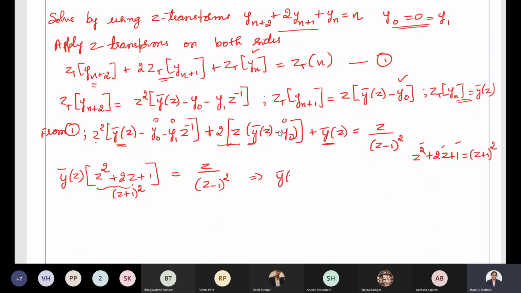This implies, what is y bar of z? Write the expression for y bar of z. You can take this to the other side; it will go to the denominator. So y bar of z will be z divided by z minus 1 whole square, which is already there, and this we take to the other side, so it comes in the denominator as z plus 1 the whole square. Am I correct?